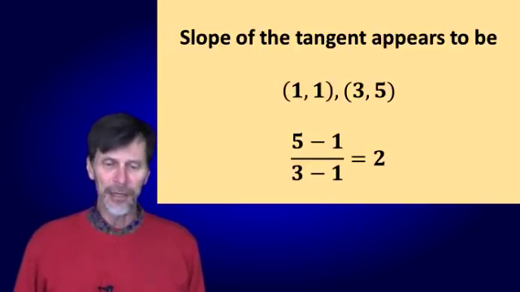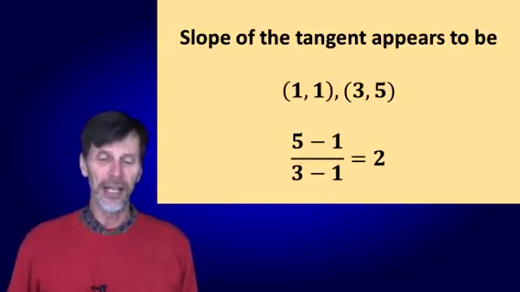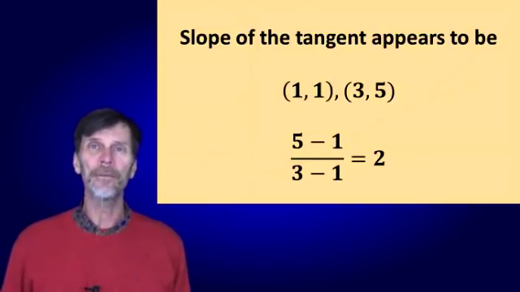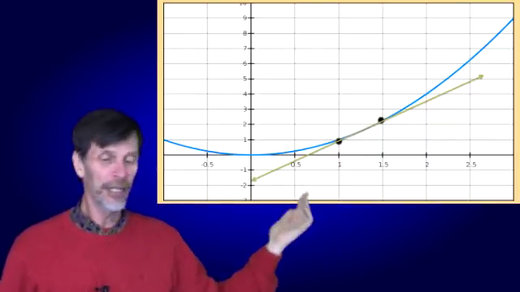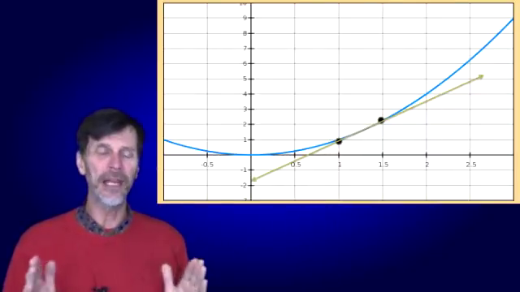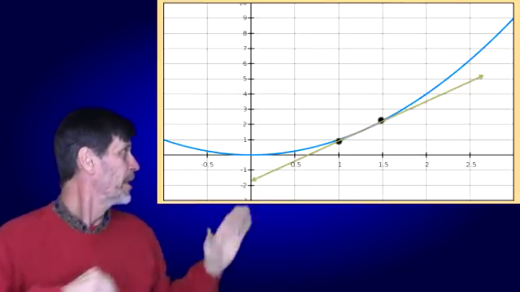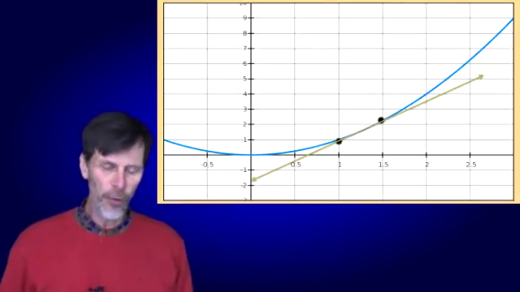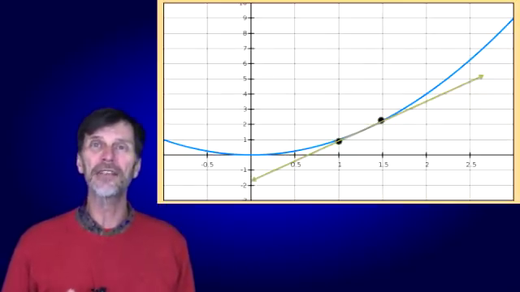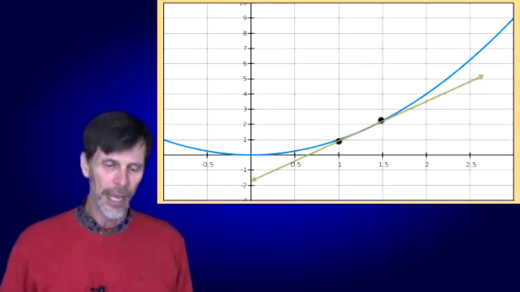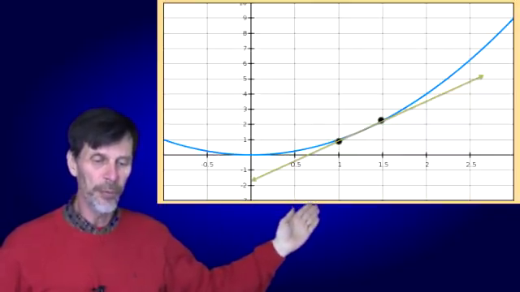So let's see if we can refine our estimate using a sequence of secant lines. We started with 1, 1, and then 2, 4 as my two ordered pairs. I'm going to move that second point in a little closer. Notice I've expanded the picture. I've sort of blown up the picture. I'm focusing at that 1, 1 pair. So the second ordered pair I'm going to use now for my second approximation of the slope is 1, 1, and then the ordered pair with x equal to 1.5.